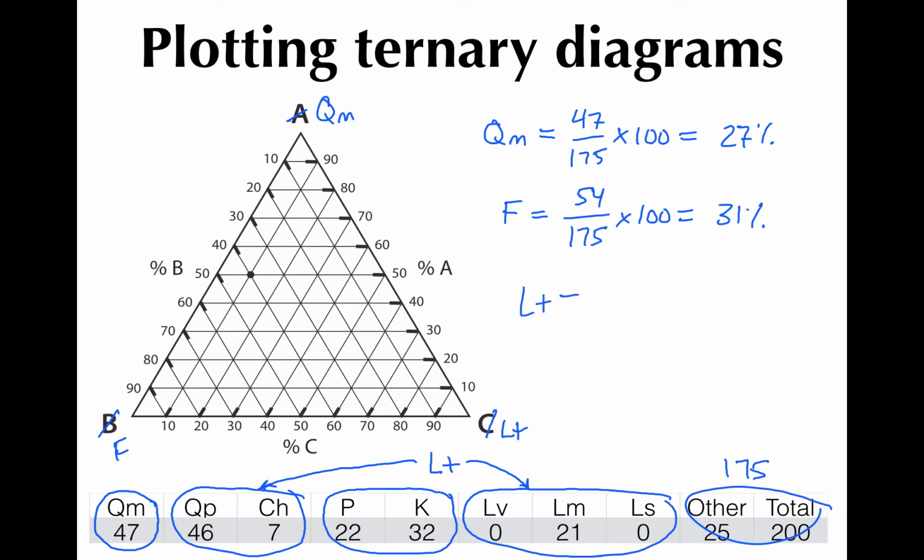And then LT, which is already predetermined by our other two values, will be 74 over 175 times 100%, which is 42%. So to plot this, we just find the 27% Q line, the 31% F line, and hopefully those both lie along the 42% LT line, which they do, and our point plots there.